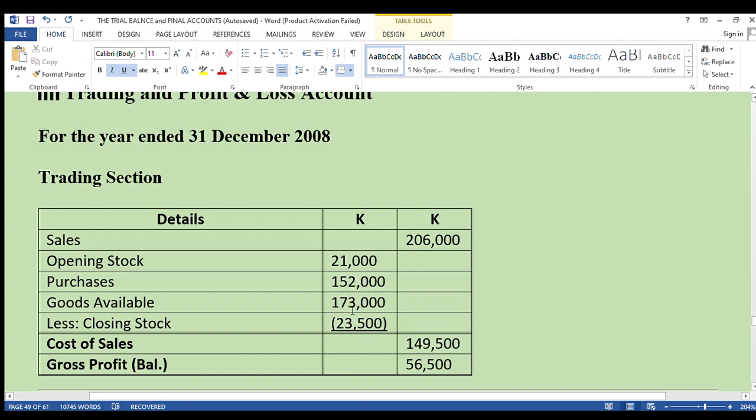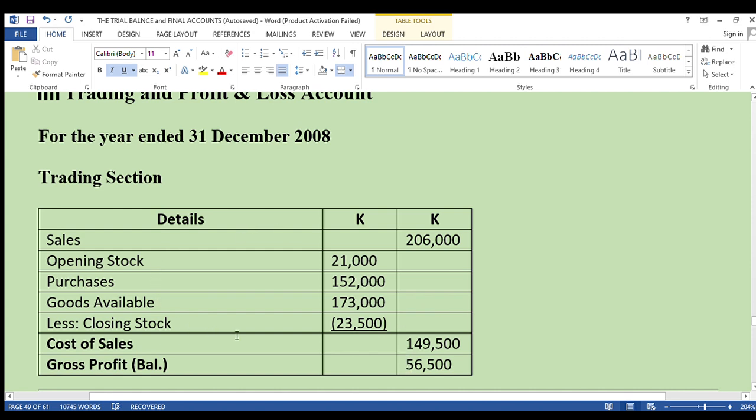So 173 minus this, we get the cost of the stock that was sold. So the money we got from sales minus the money we injected in producing the same goods that were sold, the difference will give us the gross profit.